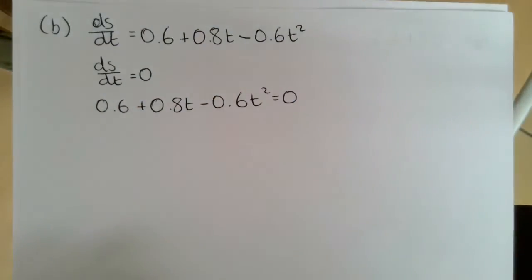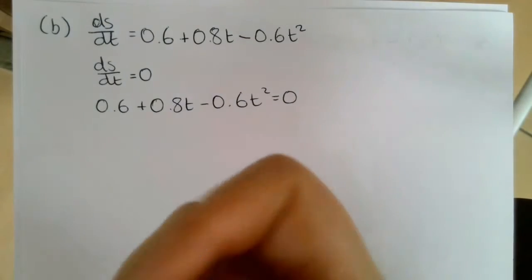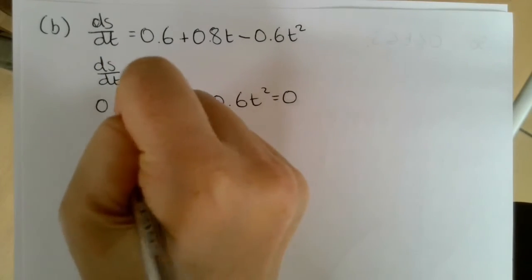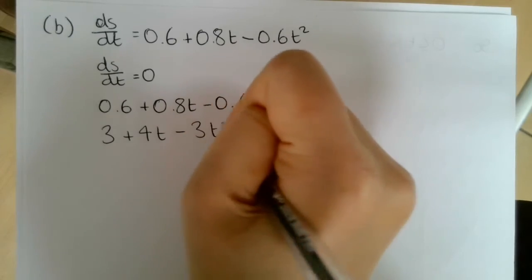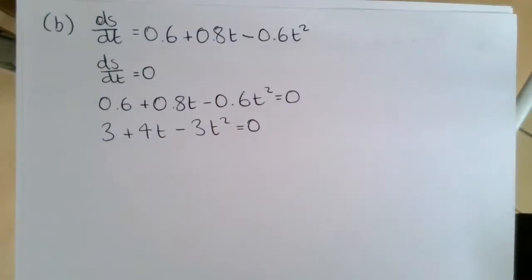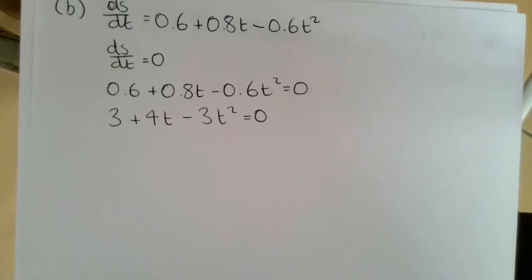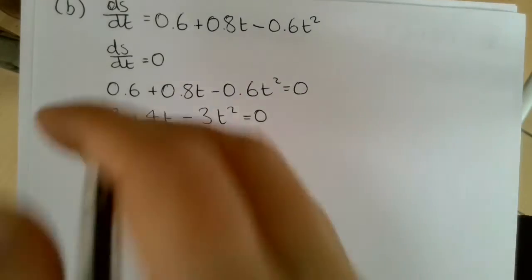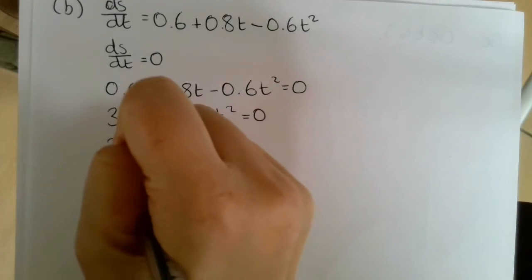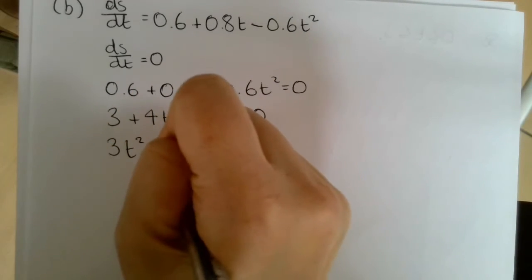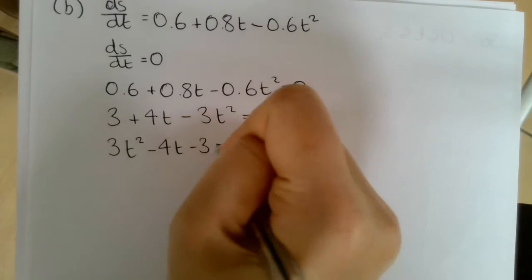I'm actually going to multiply all of this by 5, and I get 3 plus 4t subtract 3t squared equals 0. I'm then going to multiply both sides by -1 so that we get a positive t squared coefficient. So we get 3t squared subtract 4t subtract 3 equals 0.